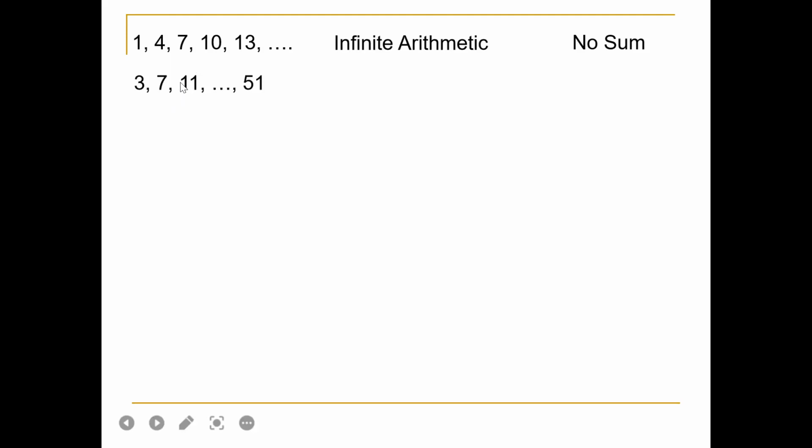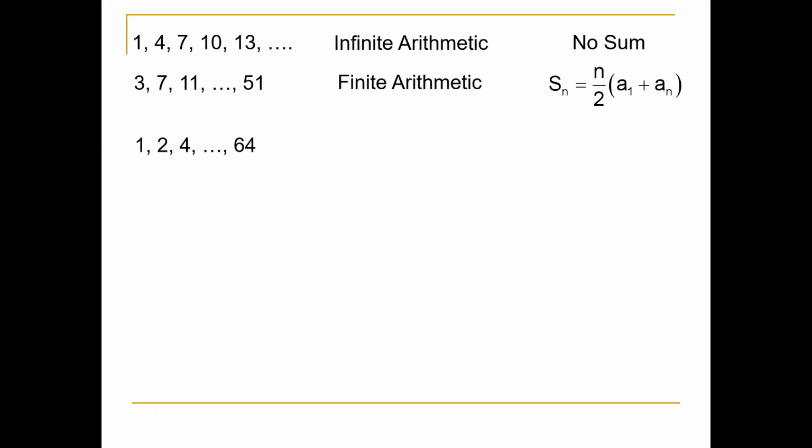Next, 3, 7, 11, up to 51. So this is also an arithmetic. This is finite because we have the last term. And we know again that the formula to find the arithmetic series is n multiplied by a sub 1 plus a sub n all over 2. Next, 1, 2, 4, up to 64.